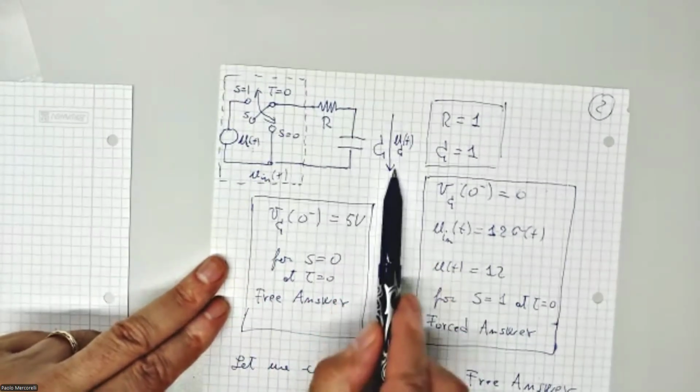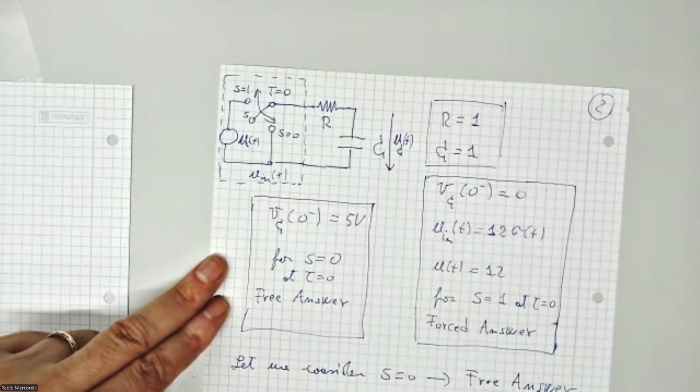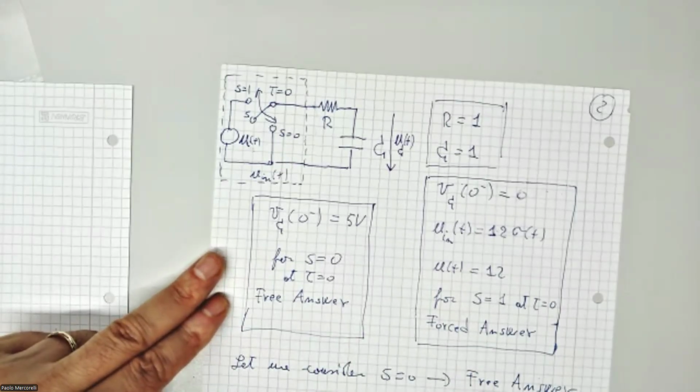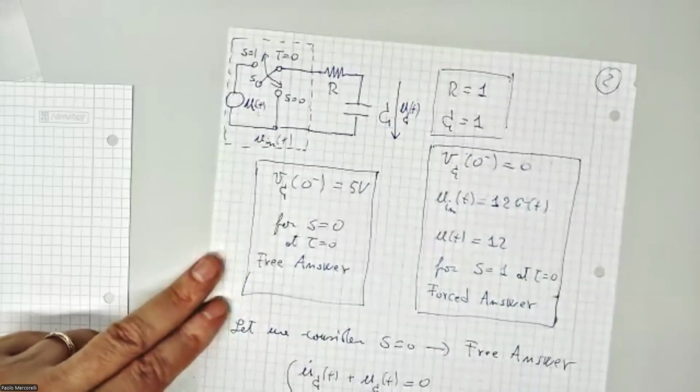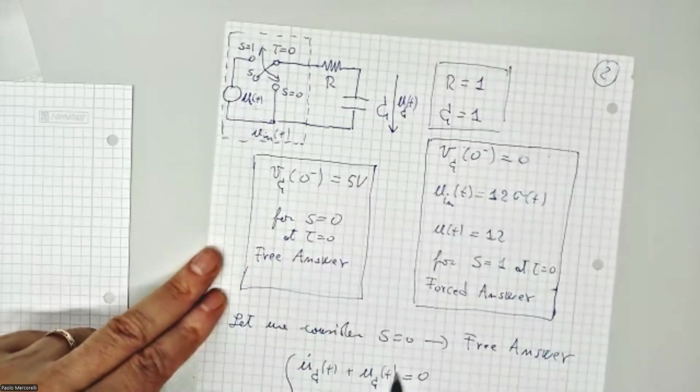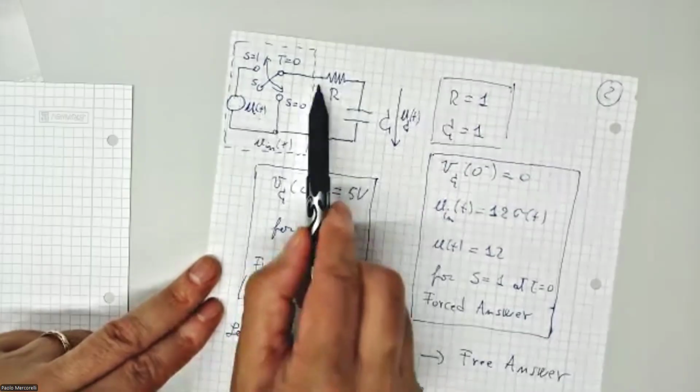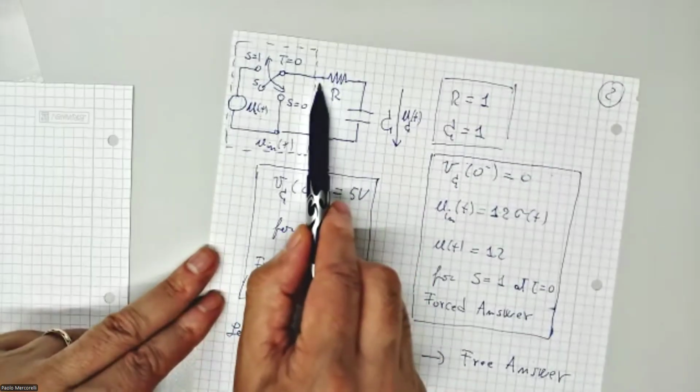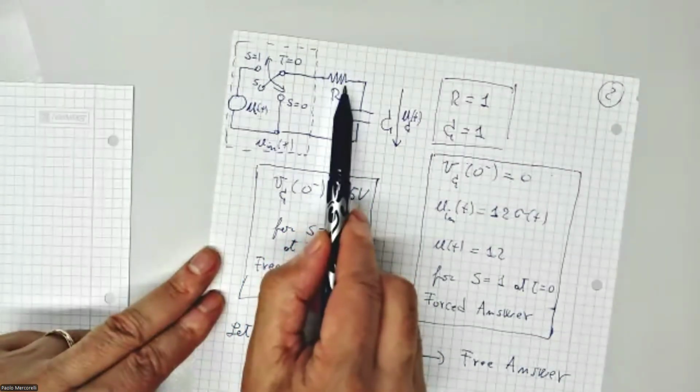What is the voltage here? C times the derivative of UC. Excuse me, let me think. The voltage here, you see, is the current multiplied by R.